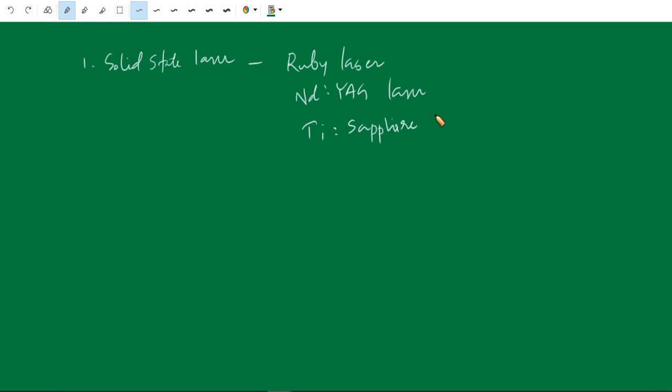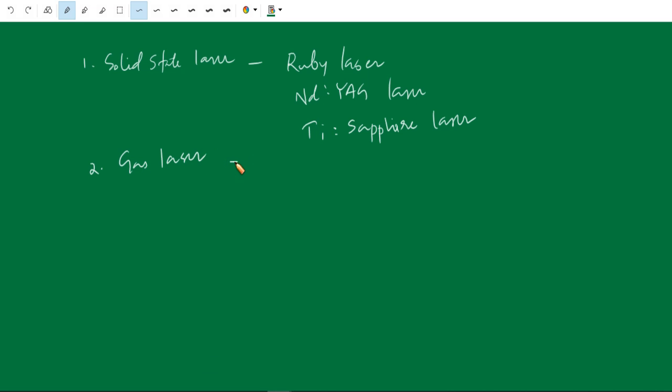So the first one is the solid state laser. Examples are the ruby laser, Nd:YAG laser, titanium sapphire laser, etc. Similarly, the next type of laser is the gas laser.